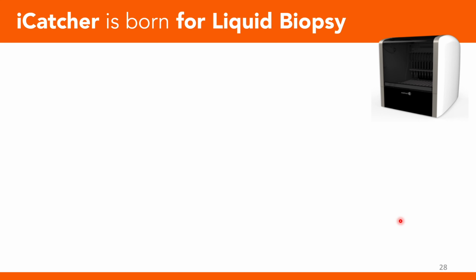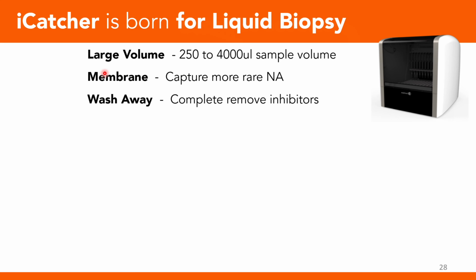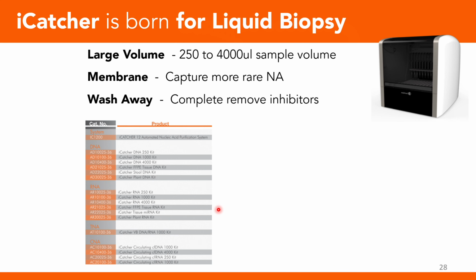Okay, so to summarize my part of the presentation, iCatcher is born for liquid biopsy, and we can handle large volume from 250 to 4,000 microliter. We are membrane-based, we wash away. And actually, we not only can handle liquid biopsy, we also can purify normal genomic DNA from whole blood, also can purify RNA from blood or even from plant sample.